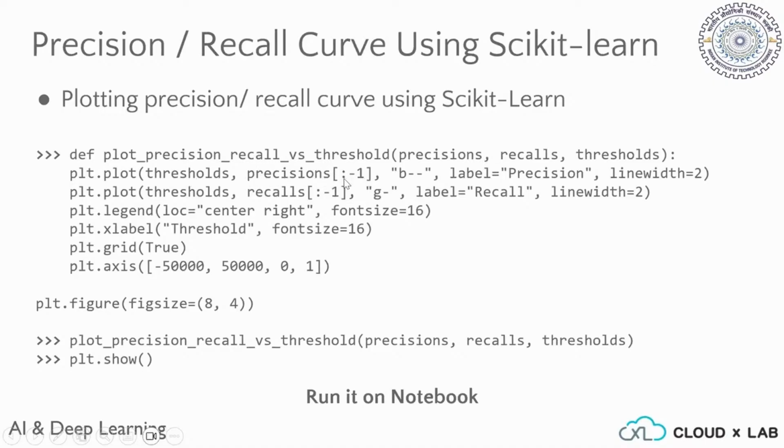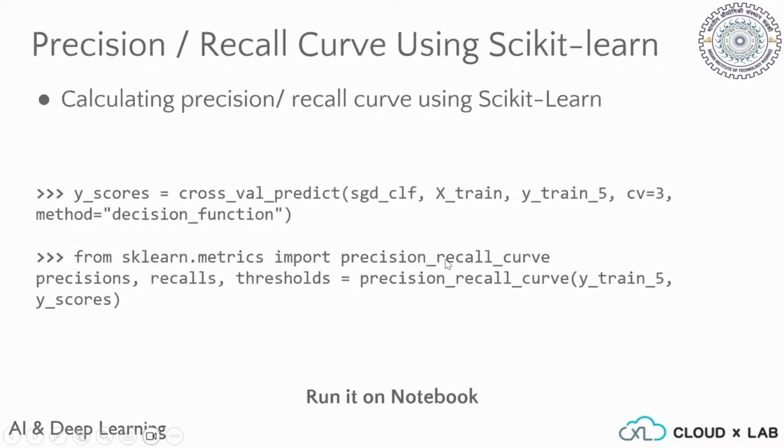And here I'm writing a colon -1, because in precision we will get one extra value. Similarly, in recall we will get one extra value. We don't want the last value, because it is the extra value, right? Suppose you are getting 10 thresholds when you call this precision_recall_curve.